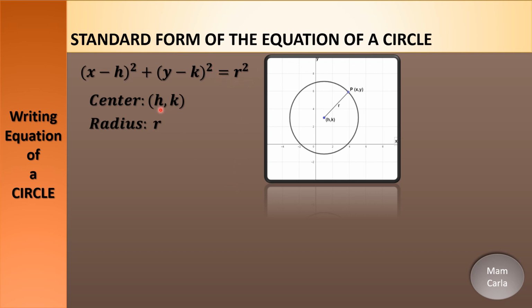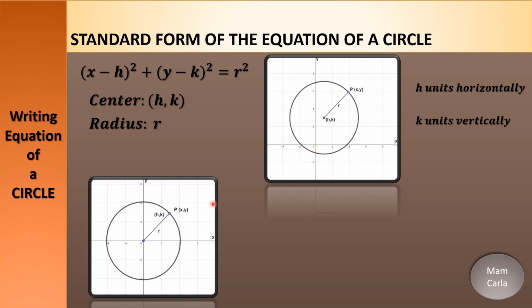The values of h and k indicate that the circle is translated h units horizontally and k units vertically from the origin. On the other hand, if the center of the circle is at the origin or at (0, 0), it means that we are going to use the equation x squared plus y squared equals r squared.